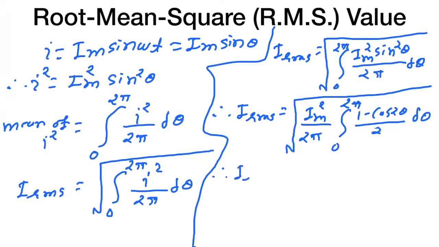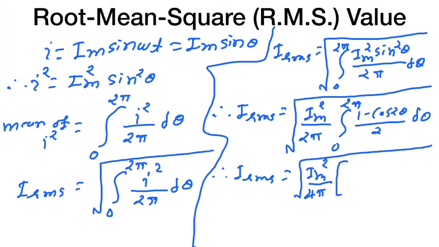Therefore, I RMS is equal to square root Im square divided by, now here we take this 2 outside from the integration. So here it is equal to 4 pi, and integration of 1 is equal to theta, and cos 2 theta is equal to sin 2 theta divided by 2. So theta minus sin 2 theta divided by 2 interval 0 to 2 pi.